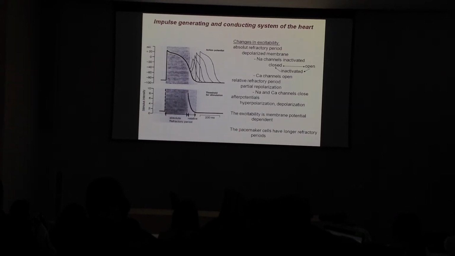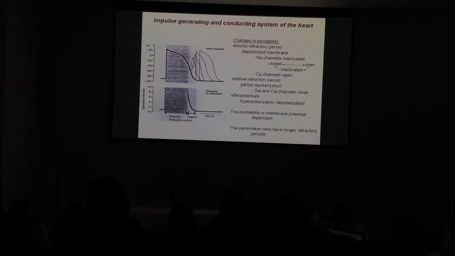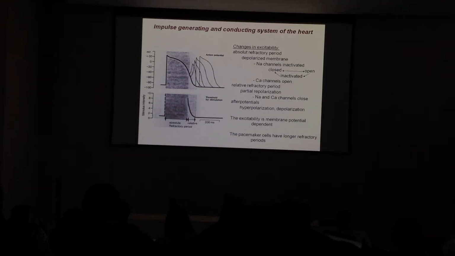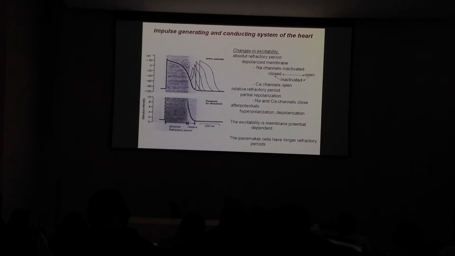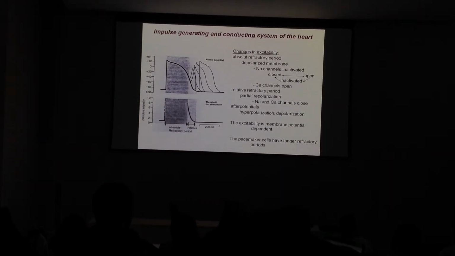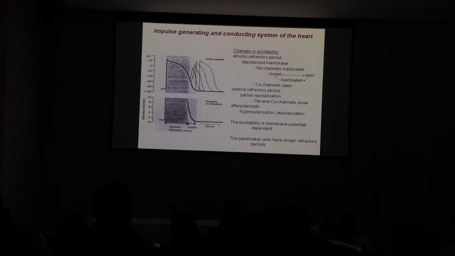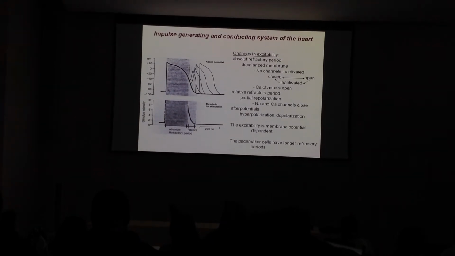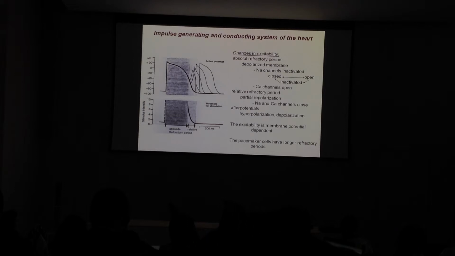I should shortly mention that in the pacemaker cells, the calcium channels are lazier. So in this case, the refractory periods are longer. What does it mean? There are pacemaker cells at the AV node.